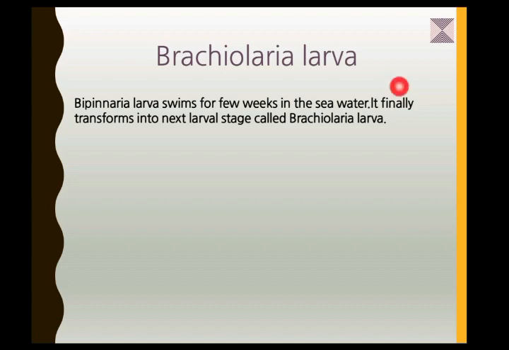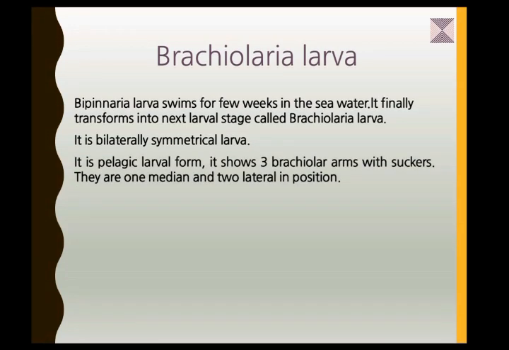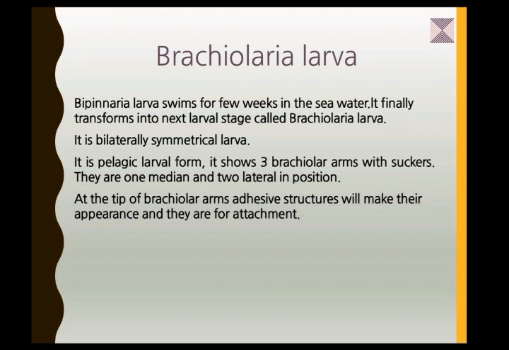So it transforms into the next stage, which is called the Brachiolaria larva. Now it is a bilaterally symmetrical larva, as we have taken in the previous cases also. It is a pelagic larva. It shows 3 brachiolar arms with suckers, and they are 1 median and 2 lateral in position. So we have seen these arms in the structure of the Brachiolaria.